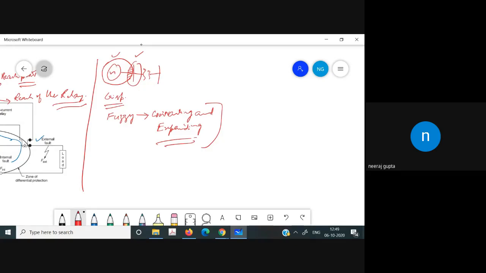Like in the overcurrent fault, it depends upon the type of the fault and the impedance. So if the type of fault is different, then the area would be different. So that area is not crisp, it is actually fuzzy, it keeps on expanding and contracting, and this is due to certain factors.